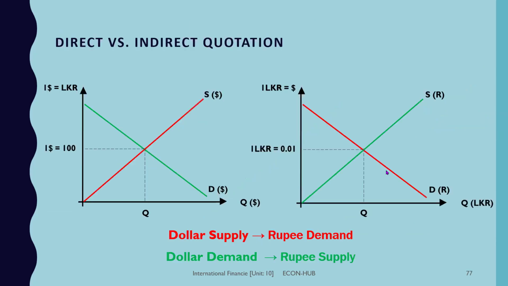So I'll move on. We have the comparison. The comparison is very clear. Dollar supply, rupee demand, dollar demand, rupee supply, and it's the reciprocal of the price quotation when it comes to volume quotation. Or direct, indirect. This is the direct or price quotation method.